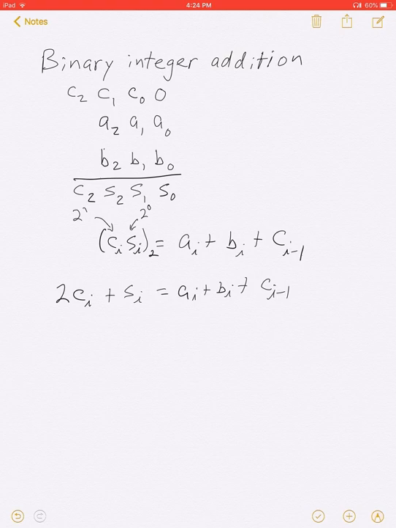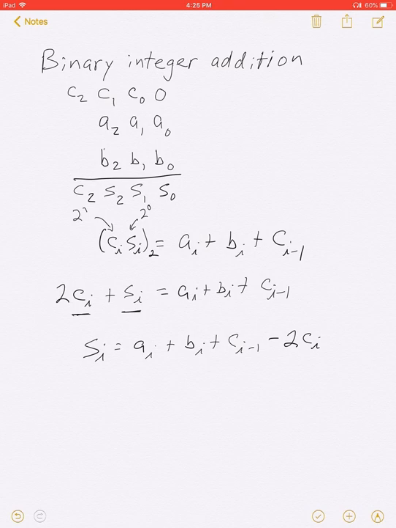So I want to be able to solve for Si and Ci. Let's do Si first. So Si is just going to be Ai plus Bi plus Ci minus 1 minus 2 times Ci. And that's straightforward enough, except when I start in a column, I know Ai, Bi, and Ci minus 1, but I don't know Ci.